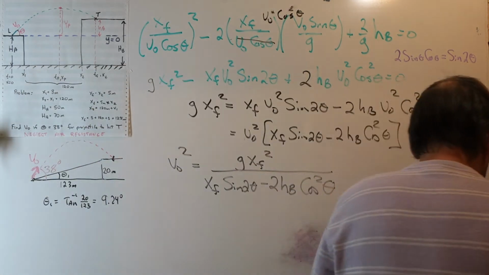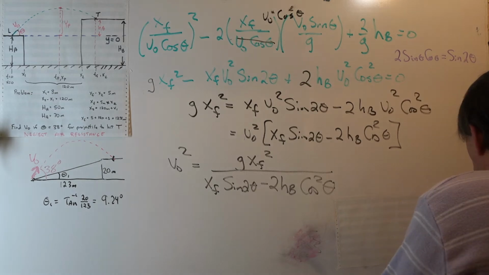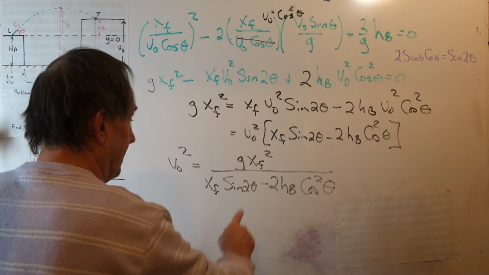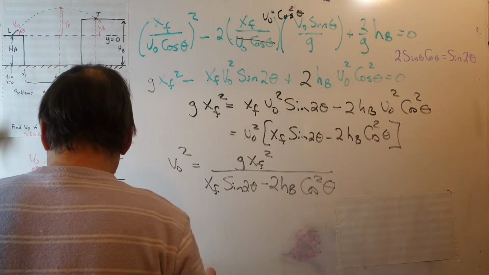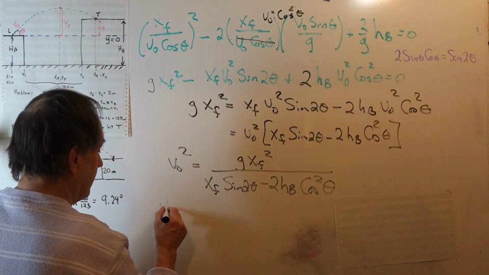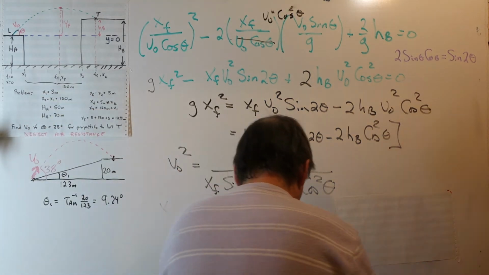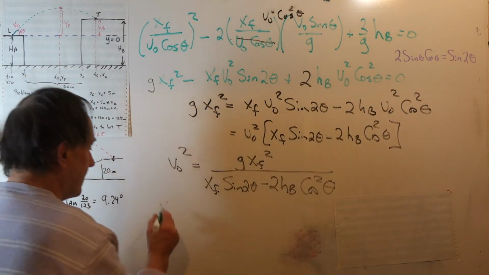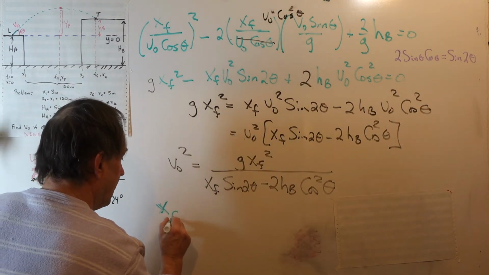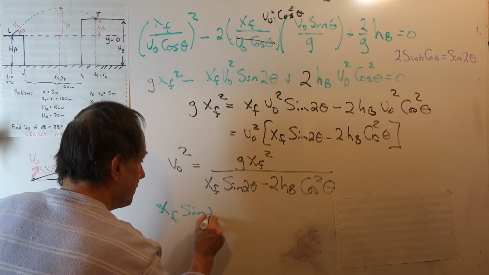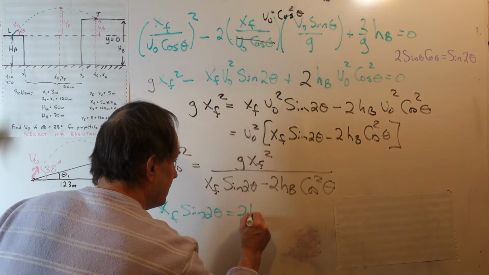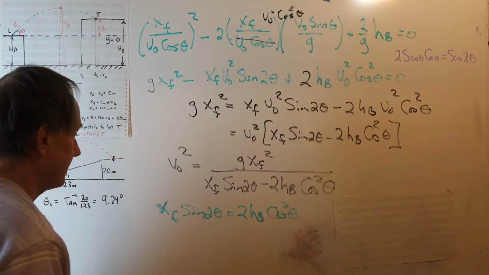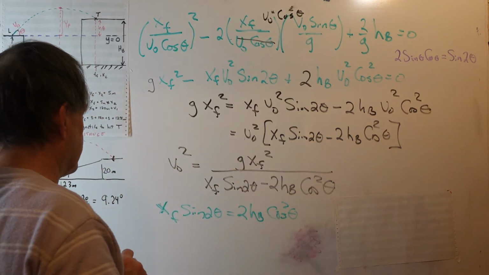We can't take the square root of a negative number and end up with a real velocity. So let's examine this a little further now. When does the denominator vanish? When does the denominator become 0? Well, this becomes 0 when the term xf sine 2 theta is equal to 2hb cosine squared theta. That's when the denominator goes to 0.